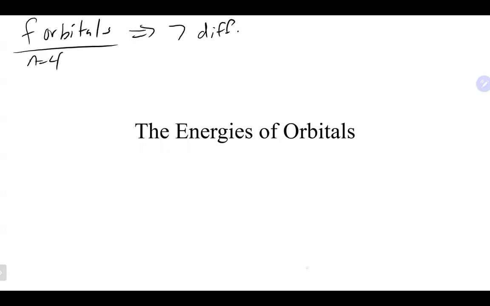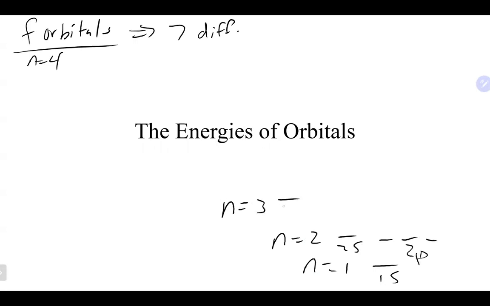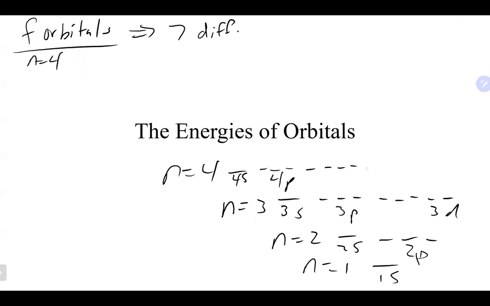So once again, on the 1st is 1s, on the 2nd, 2s, 2p, on the 3rd, 3s, 3p, 3d, and on the 4th is where we start to see 4s, 4p, 4d, and 1, 2, 3, 4, 5, 6, and 7.